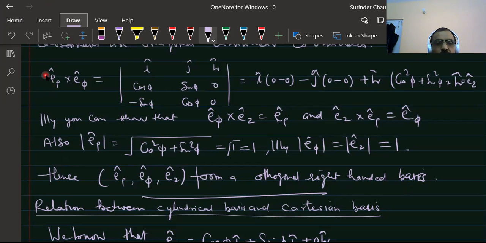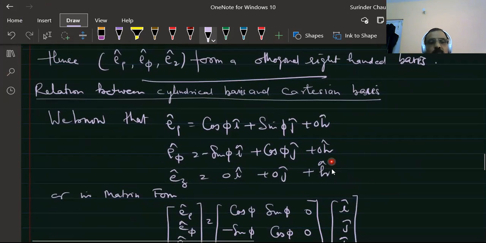Now the relationship between cylindrical and Cartesian bases. In terms of Cartesian, E rho is equal to cos phi i plus sin phi j plus 0.